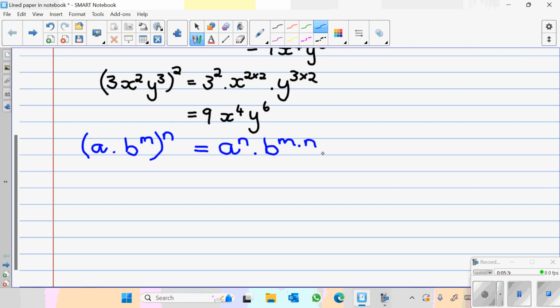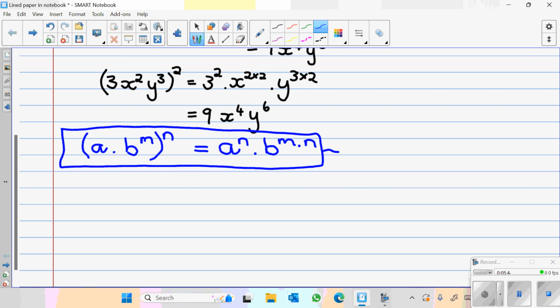And if there is already a power, those powers must be multiplied with one another.